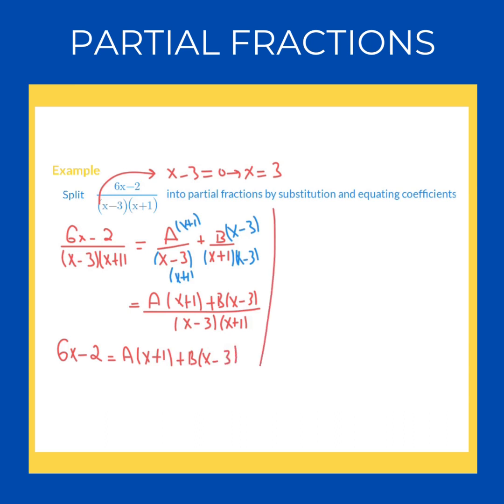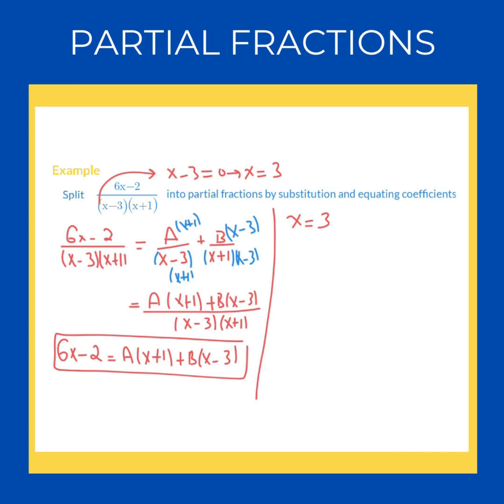Now I'm going to say that when x minus 3 equals 0, x is 3. So when x is 3, I substitute x equals 3 into this equation. I have 6 times 3, which is 18, and 18 minus 2 is 16.